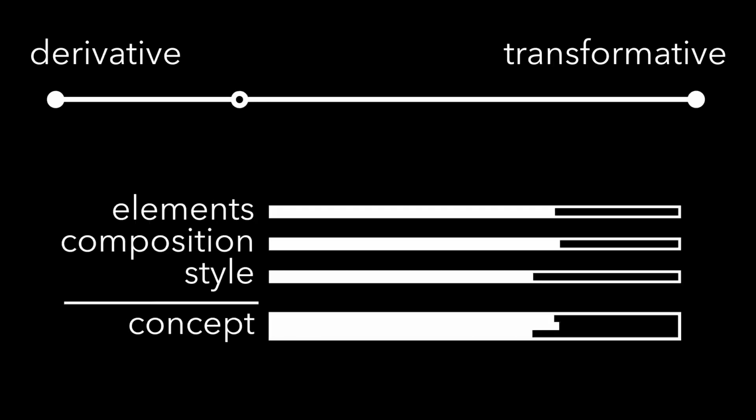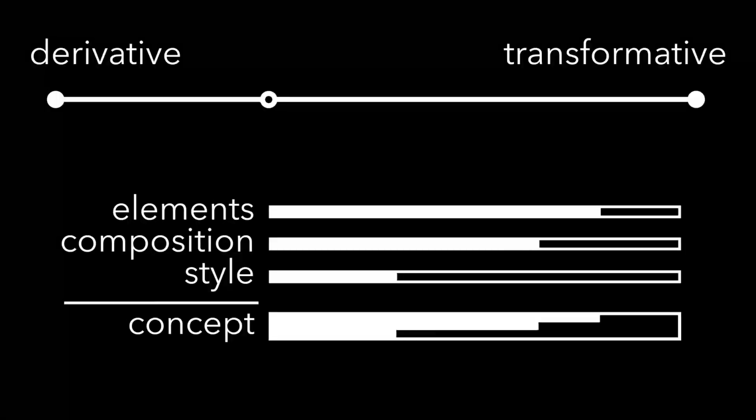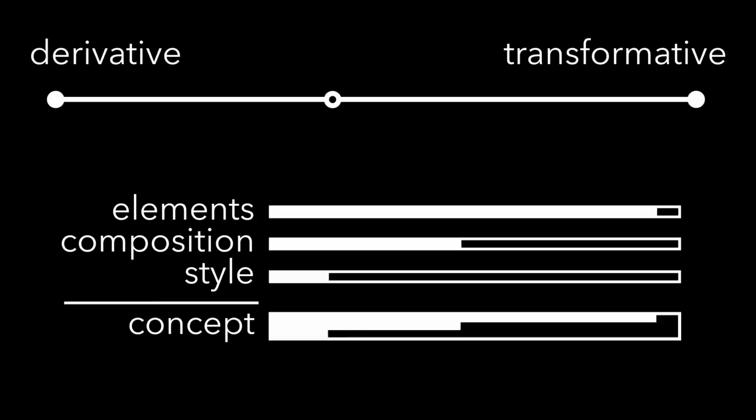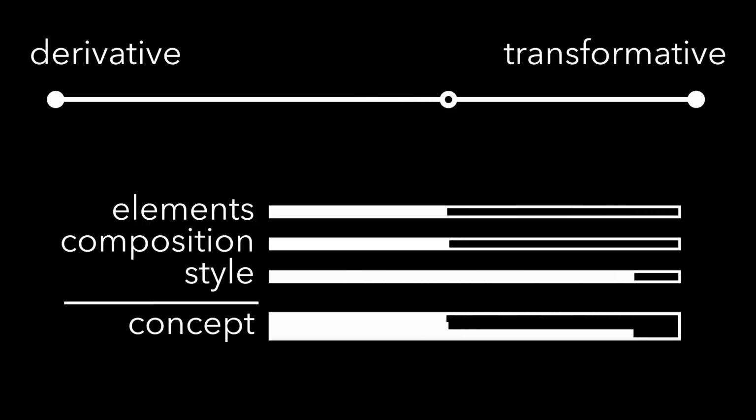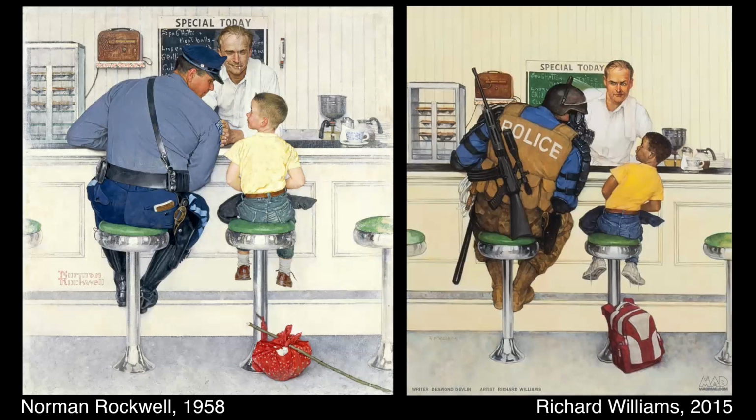And what I'm suggesting is that the more you change one of these things, the more you change the style, the elements, like what the actual things are that are in there, the placement of those things, that concept changes quite a bit. There's also this idea where the composition and the style remain largely the same, and most of the elements remain the same, but the message drastically changes because of a couple of elements that change.